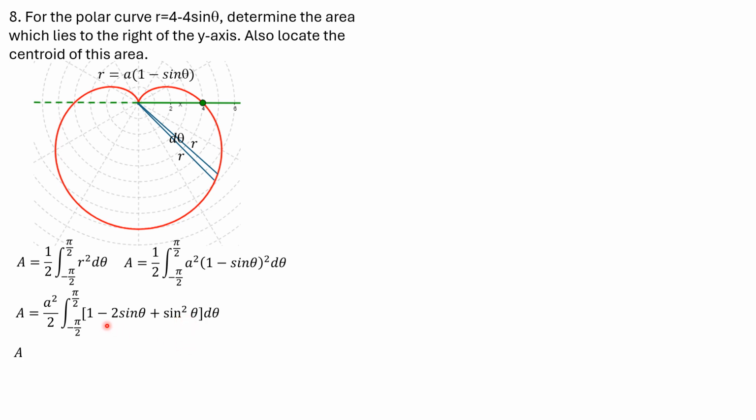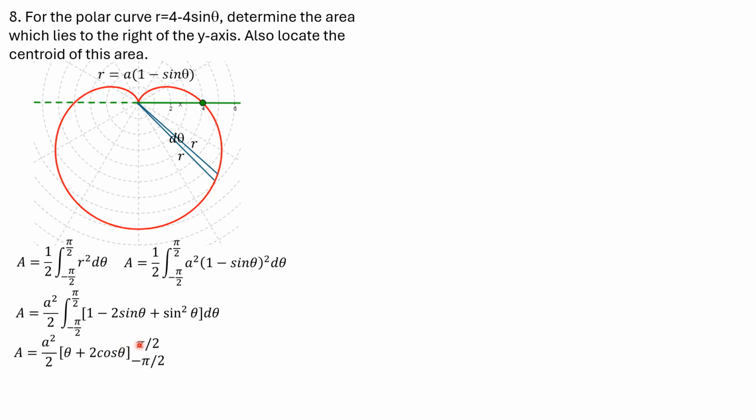So let's continue. Area equals a squared over 2 times quantity theta, then plus 2 cosine theta from negative pi over 2 to pi over 2. Let us show that for this term, the integral of this integrand would be just useless.